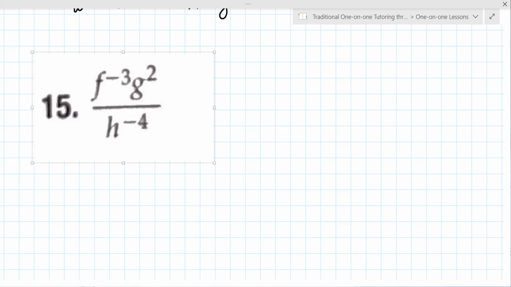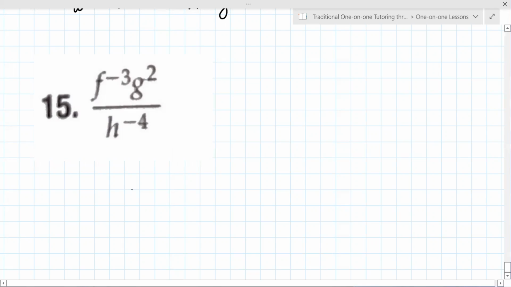Okay. I got g to the power of 2, and then h to the power of 4, over f to the power of 3. Yes. Now give me some feedback.